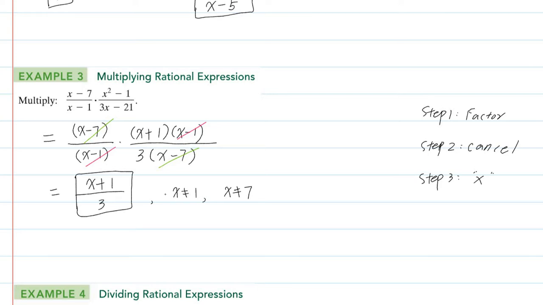So make sure you actually exclude those numbers. You go back to the original question. That's how you multiply rational expressions. You're basically doing step 1 factor, then you cancel, then you multiply whatever's left, numerator and denominator.